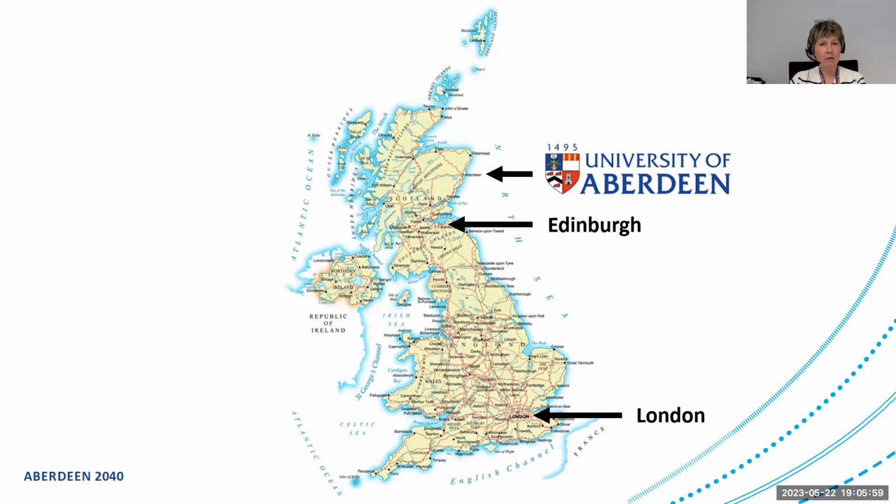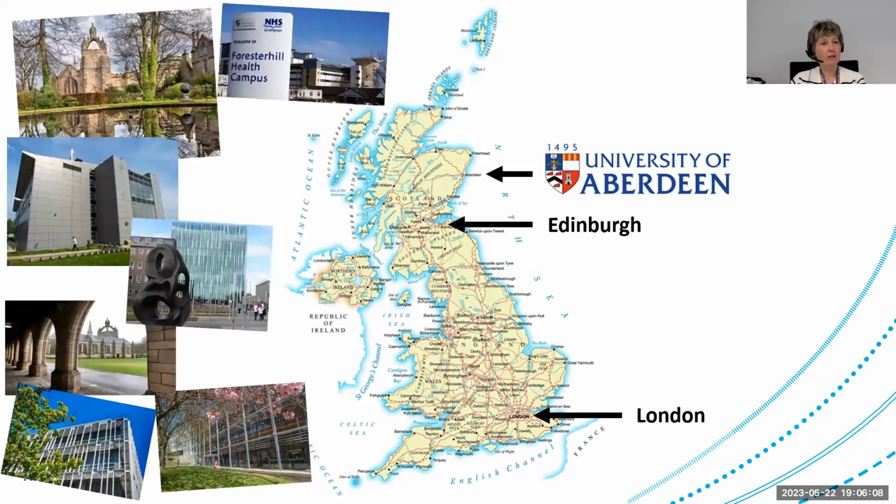The University of Aberdeen, as you can see, was established in 1495, so it's one of the ancient Scottish universities, but we maintain some of the ancient traditions alongside more modern architecture around our two campuses. I'm based at the Forester Hill Health Campus, which means that we have access to patient-derived samples, and we have the privilege of interacting with clinicians on a daily basis.